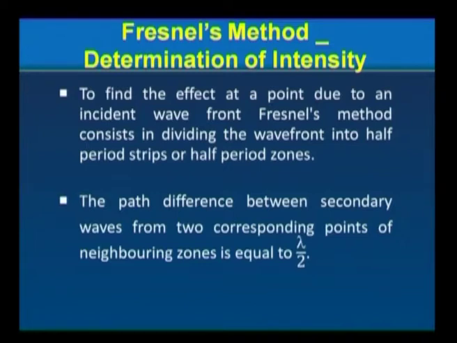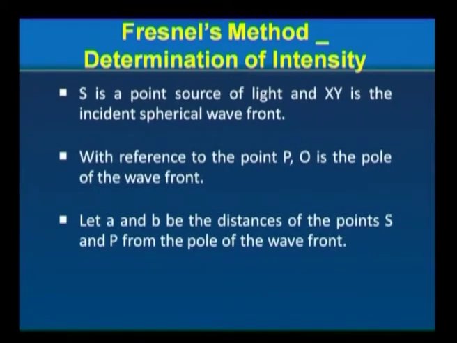And so we have the Fresnel's method, where the effect at a given point due to an incident wavefront, the method consists of dividing the wavefront into half-period zones or strips. As I showed just now, the path difference between two successive zones will be lambda by 2, which leads either to brightness or darkness.